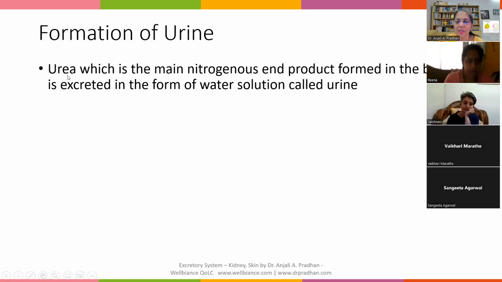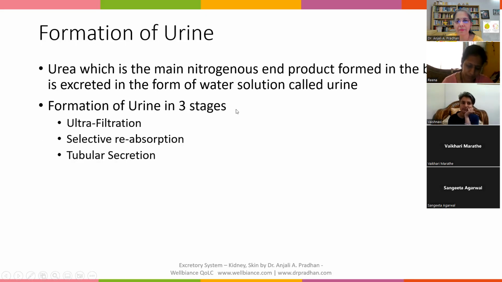So urea, which is the main nitrogenous end product formed in the body, is excreted along with water. It is called urine. The formation of urine occurs in 3 stages: ultrafiltration, selective reabsorption and tubular secretion.